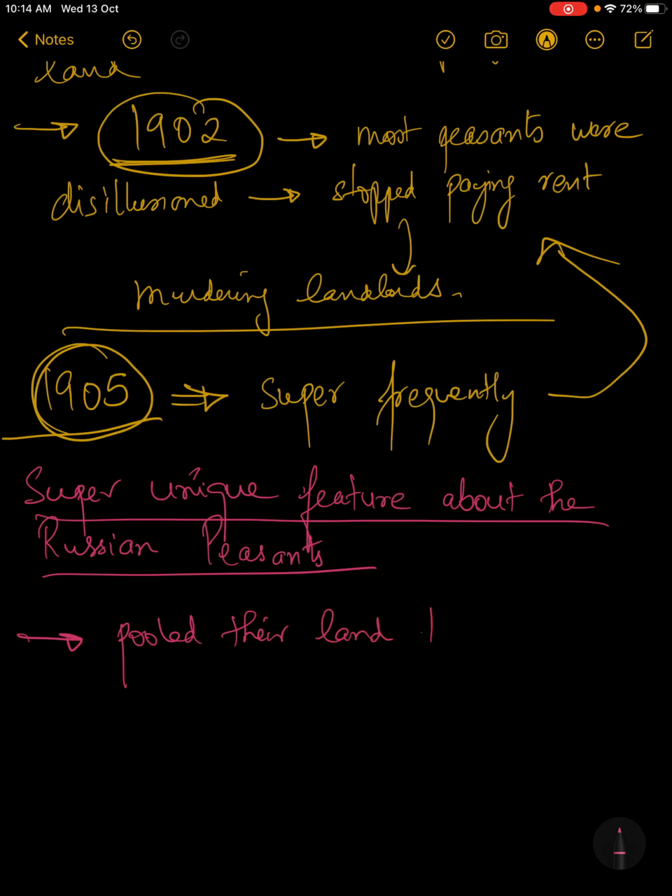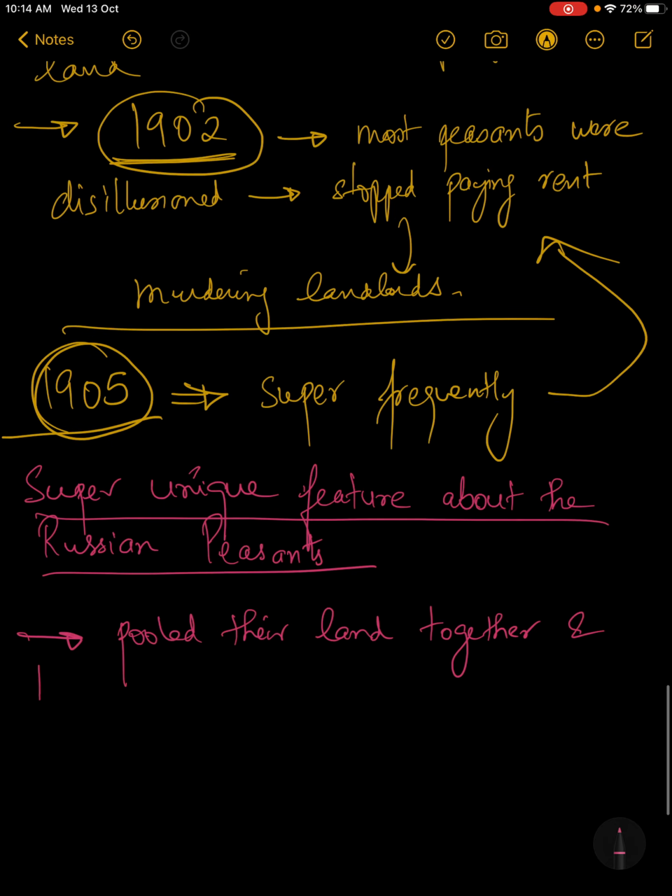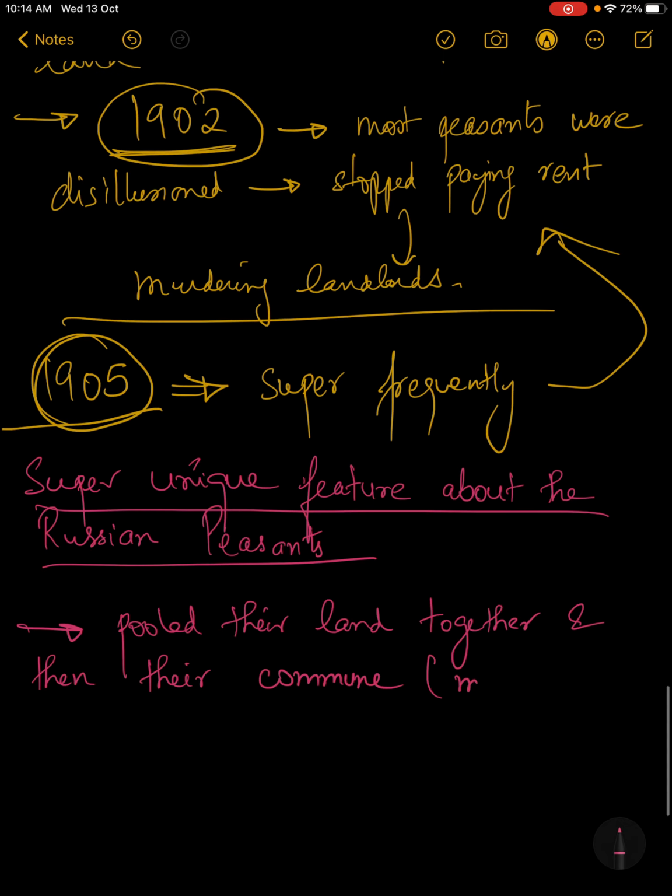This is very interesting. They pooled their land together, and then their commune, as in the group of farmers that have come together, in Russian was called mir.